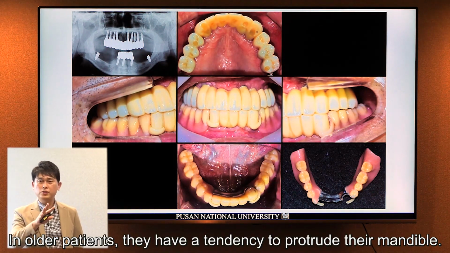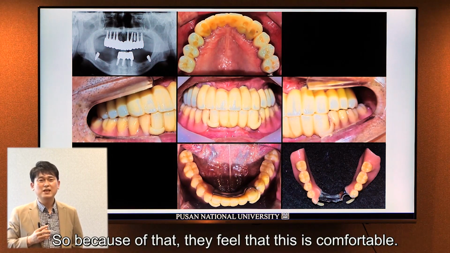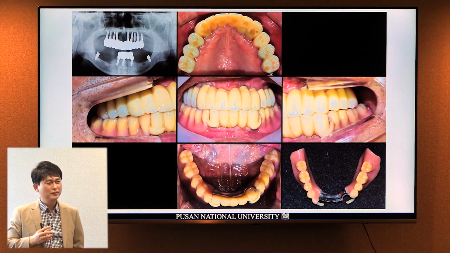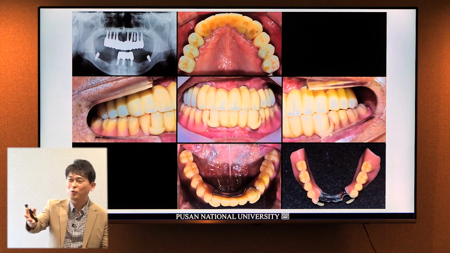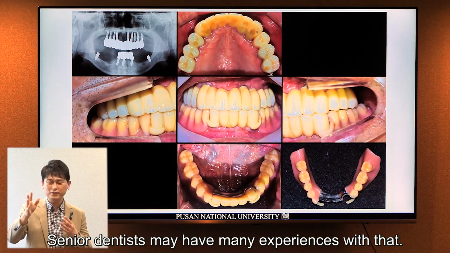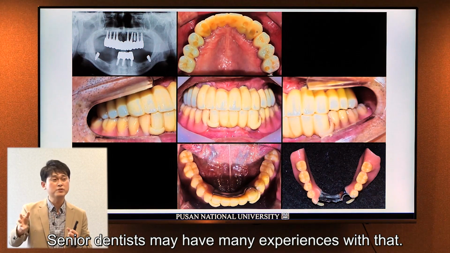In older patients, there is a tendency to protrude the mandible. Because of that, they feel this is comfortable. A senior dentist may have much experience about that.